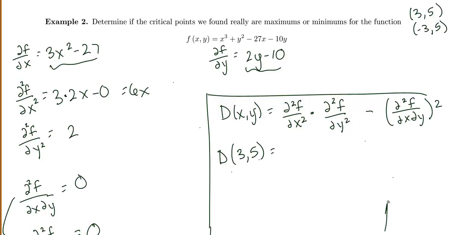So what was the second derivative with respect to x? It was 6x. So 6 times 3 times the second derivative with respect to y. That was 2, no matter what my y is. We don't care about y. All we care about is that it's just 2. Minus the mixed one squared. Okay, so my mixed one was just 0, so minus 0 squared. That's easy enough, so we get 36.